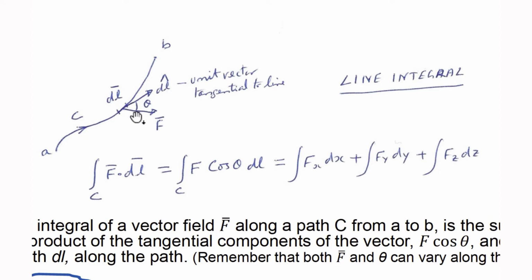Now this vector F and the unit vector along dl form an angle theta. Now if you take the dot product of these two vectors, then we get the component of this vector along the line, F cos theta.